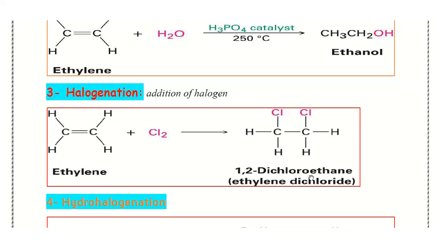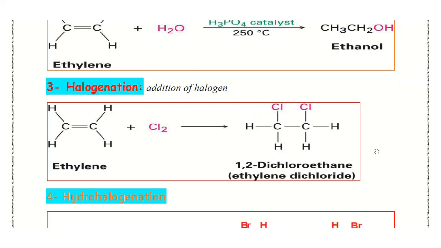So 1,2-dichloroethane is formed. How is this formed? At the same time you may observe saturation of the double bond occurring. As a result, 1,2-dichloroethane is formed. So in the product you may observe ethene has been converted into ethane.